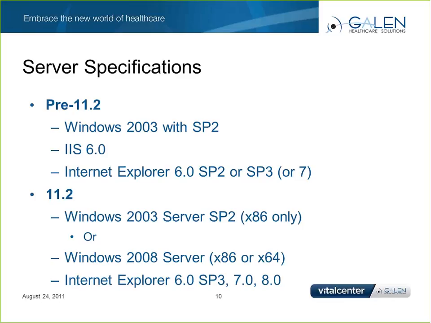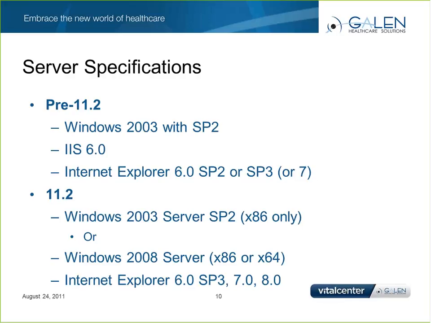So server specifications, there's two groupings here. We've got the pre-11.2 and then the 11.2. Pre-11.2, we're supporting Windows 2003 with Service Pack 2 for an operating system. IIS 6 is required, and then the Internet Explorer, it's either 6, Service Pack 2, or 3, as well as Internet Explorer 7.